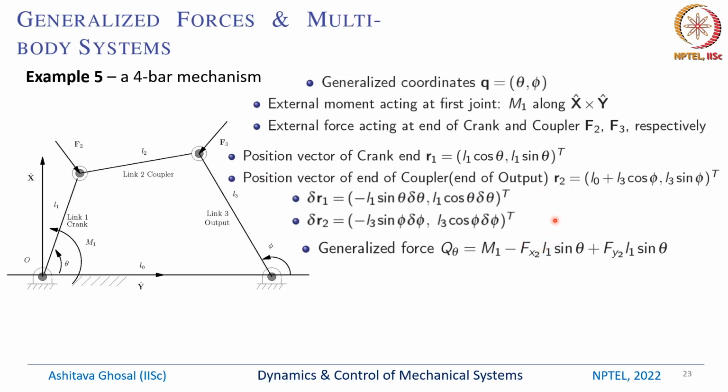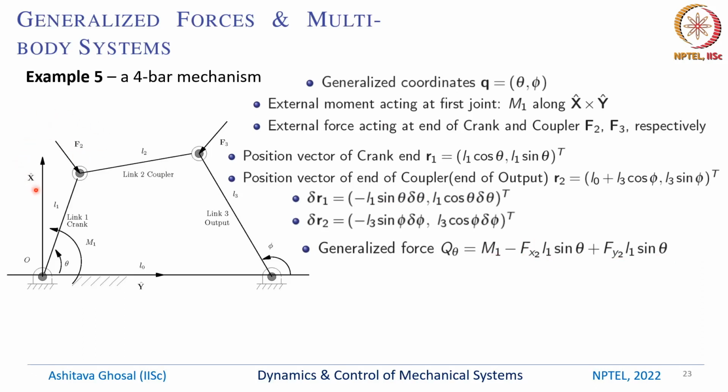Okay, so whichever way you use, you can see that the Q theta will be M1, which is the moment dotted with the derivative of the angular velocity with respect to q dot. So this will be M1 because the angular velocity will be theta dot, and so this is M1 minus Fx2 L1 sine theta plus Fy2 L1 cos theta.